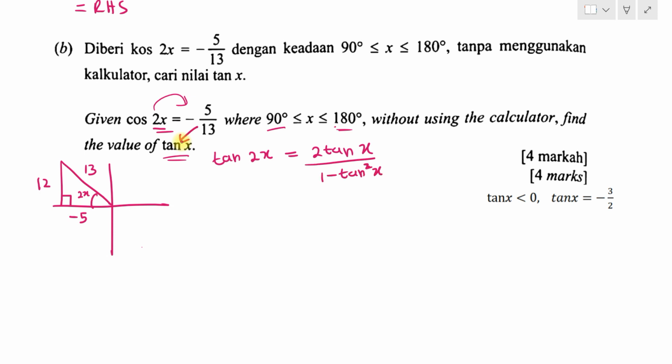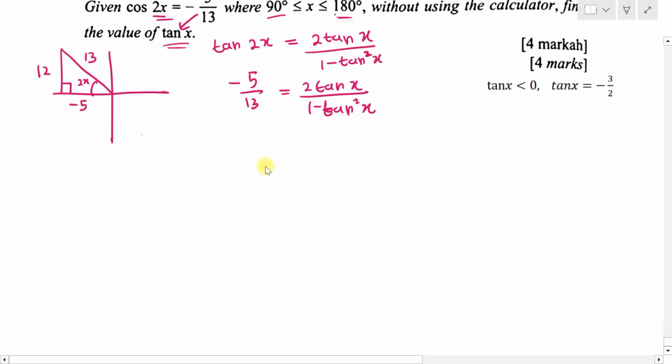At least kita boleh dapat tangent kan. Okay, tangent 2x tu you gantilah. Negative 5 over 13 equal to 2 tangent x over 1 minus tangent square x. Okay, then you try to cross multiply.